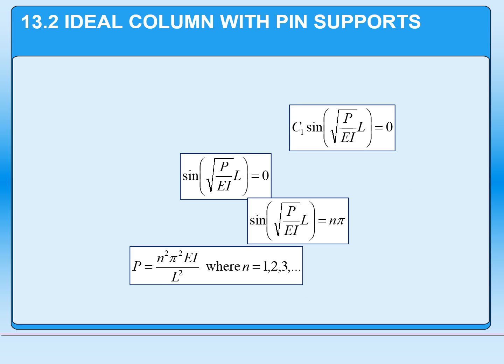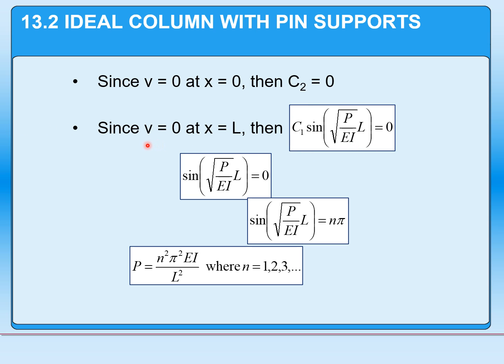So to solve this equation, we take a look at our boundary conditions. At x equal to 0, we know we have no displacement. As a result, when we plug that in, we can show that C2 has to be equal to 0. So we're only left with this C1 term. We can also know that the displacement at x equal to L is going to be 0, right?